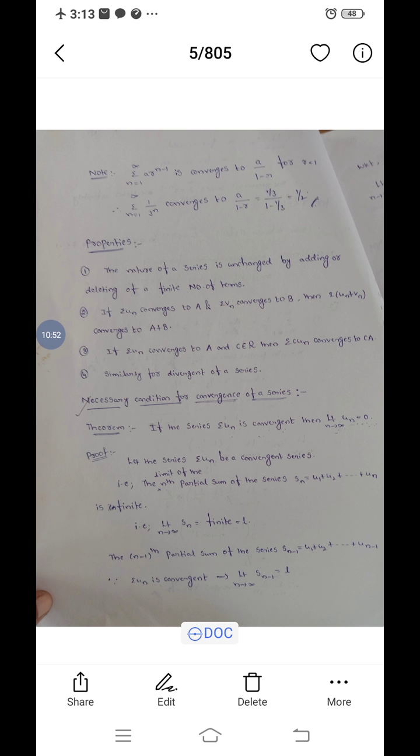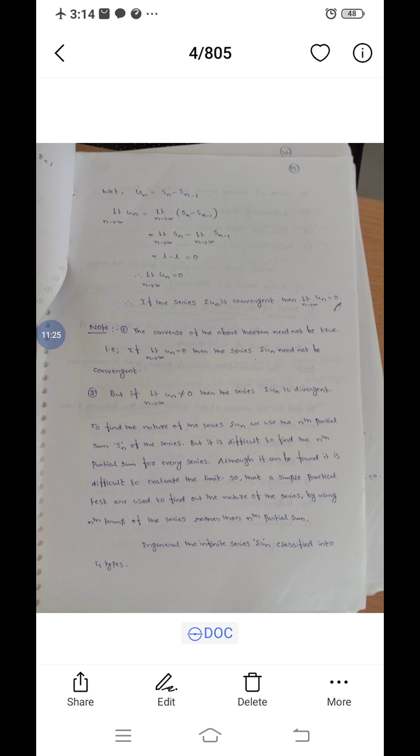Here we are denoting that nth partial sum with Sn, which is equal to a finite value, let it be L. Similarly, here I am taking the (n minus 1)th partial sum of the series, denoted as S suffix n minus 1, that is U1 plus U2 plus and so on up to Un minus 1. If the nth partial sum is finite, then the (n minus 1)th partial sum is also finite.